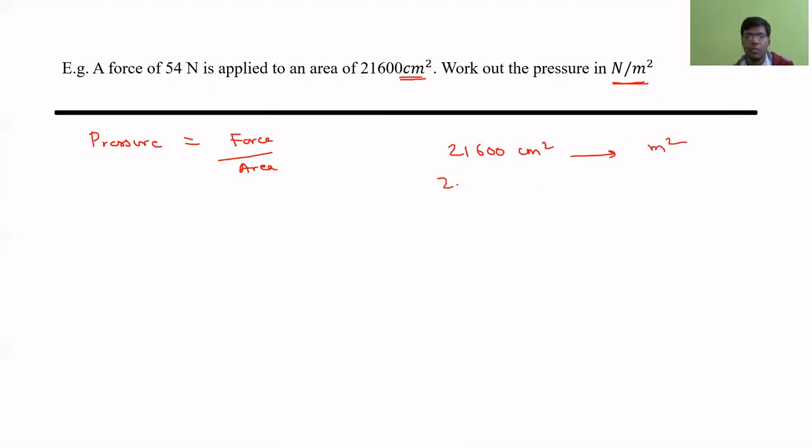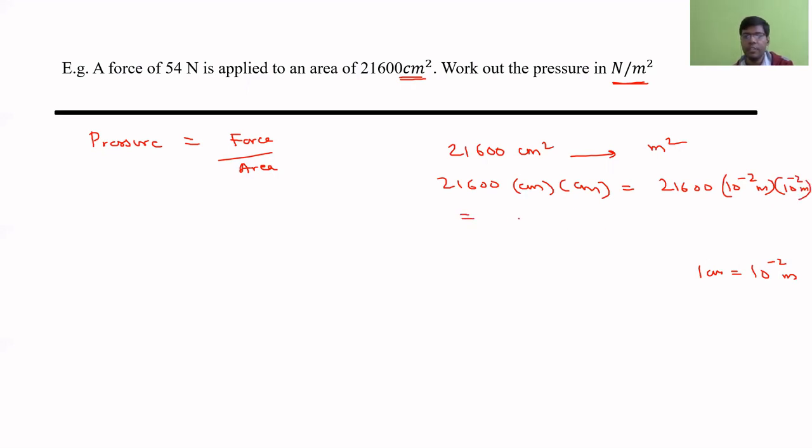So 21600, this is centimeter multiplied with centimeter. One centimeter is equal to, because centi is the prefix, 10 power minus 2 meters. So this is 21600 times 10 power minus 2 meters, and then 10 power minus 2 meters.